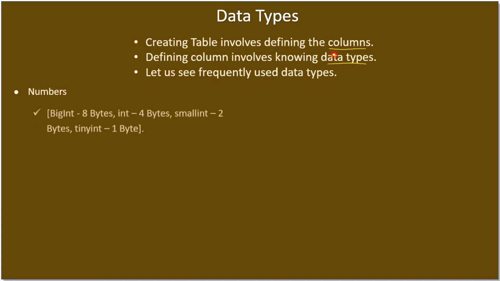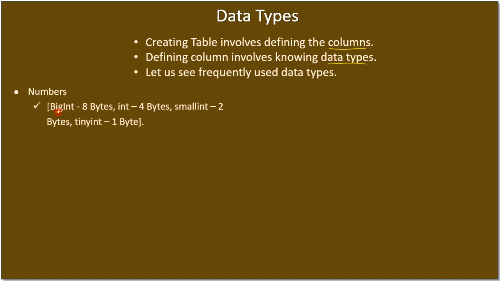To store numbers, you can use bigint. Bigint reserves 8 bytes. Or you can use the integer data type, which occupies 4 bytes. Or you can define a smallint that occupies 2 bytes, or tinyint, which will occupy only 1 byte.